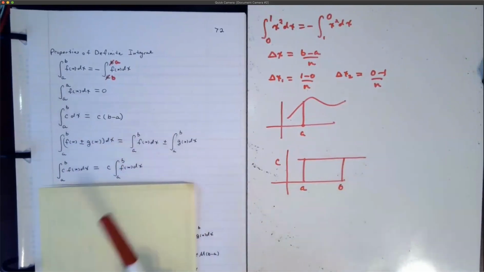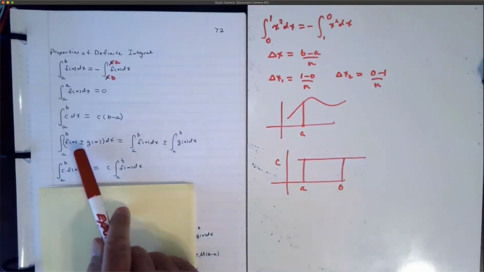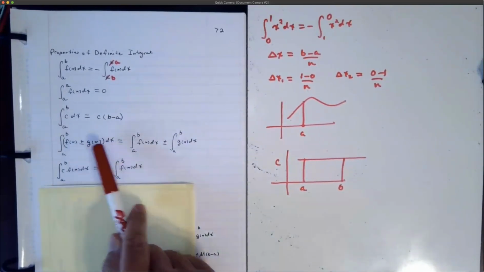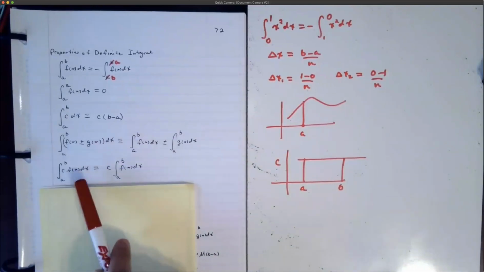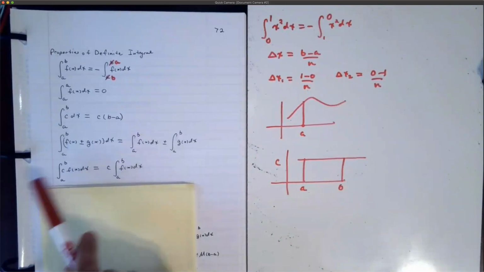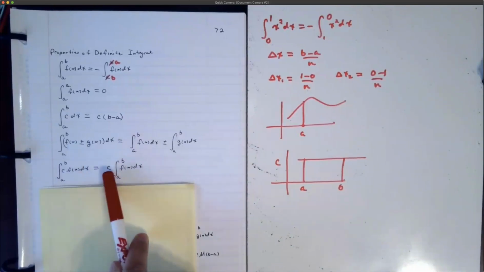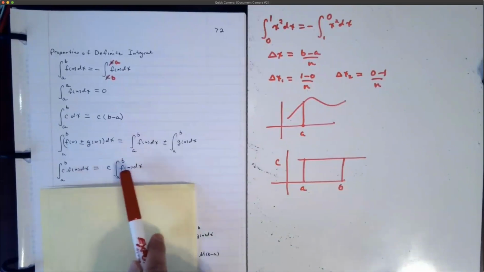So the linearity properties follow easily from the Riemann sums. Same thing for multiplying by c. You can take this constant c straight out, and this c just rescales the height of every box in your Riemann sum.